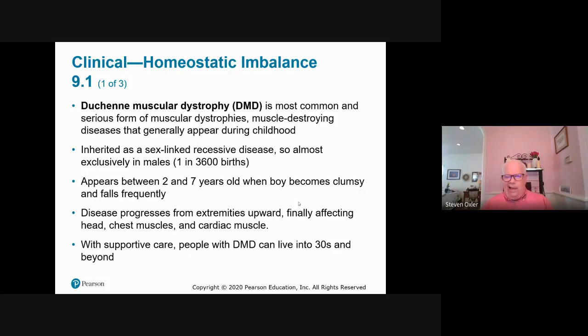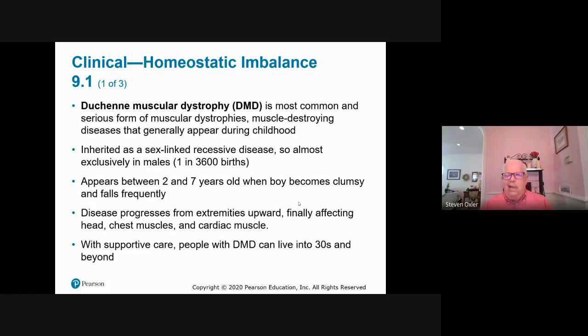It is a lack of the protein dystrophin, and it is a major muscle problem. Usually, these children are very, very ill and cannot use their muscles. Not only can they not use their skeletal muscles, they can't use their smooth muscles or their heart muscles.